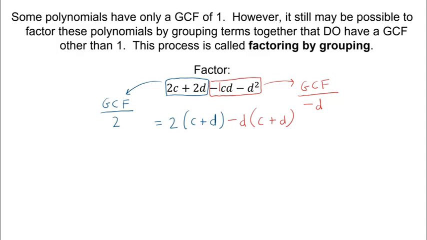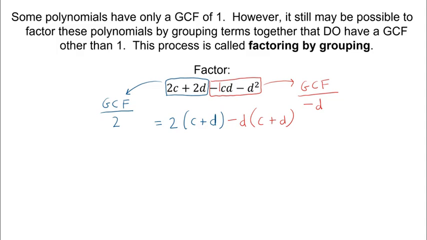So we've taken our first step in factoring by grouping. We grouped the first 2 terms together and found a GCF of 2. And when we divided those 2 terms by the GCF of 2, we had c plus d remaining. Then we looked at our second group of 2. And when we factored out a minus d as a GCF from those 2 terms, we were left with c plus d.